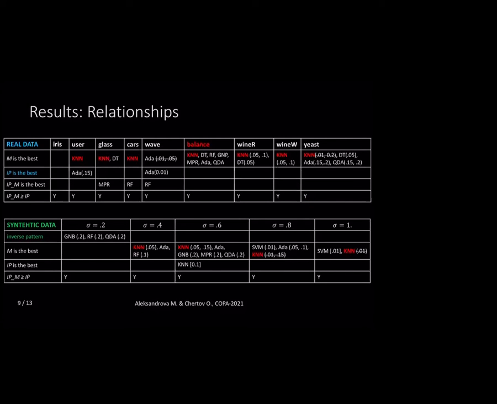A similar observation can be made for synthetic data sets as well, with the only exception that for synthetic data, in one case, we observed an inverse pattern, that is, inverse probability resulting in higher values of 1C and margin resulting in lower values of average C. And this was observed only for one data set, the least difficult one, so the classes are easily separable, and it was observed for those values of epsilon that are very high.